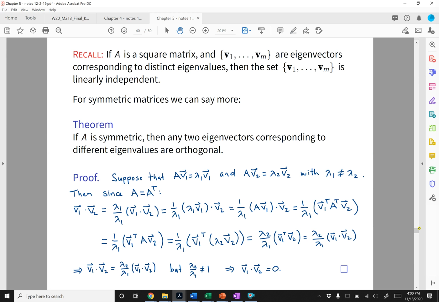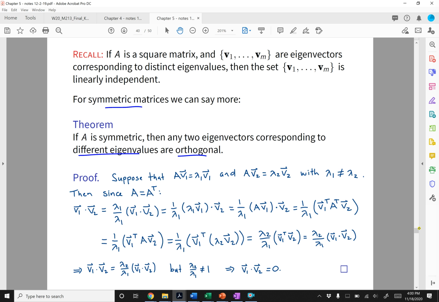But if it's a symmetric matrix, we can say even more. We can say what we just talked about. They're not just independent, but the eigenvectors are orthogonal. This does technically only apply to different eigenvalues. So the eigenvectors for different eigenvalues are orthogonal.